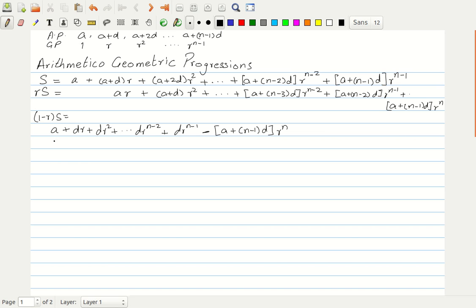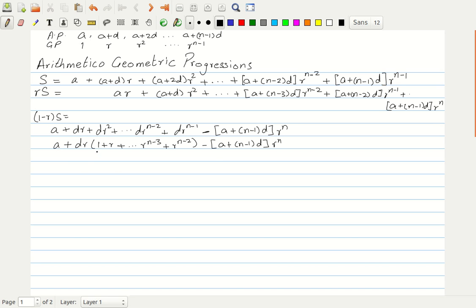Now we will simplify this. So you have a plus, we take dr as a common factor out, so you have 1 plus r to the power n minus 3 plus r to the power n minus 2 minus a plus n minus 1 d r to the power n.